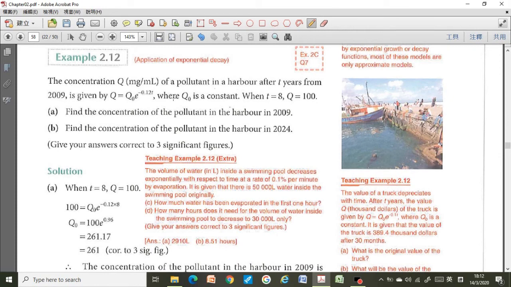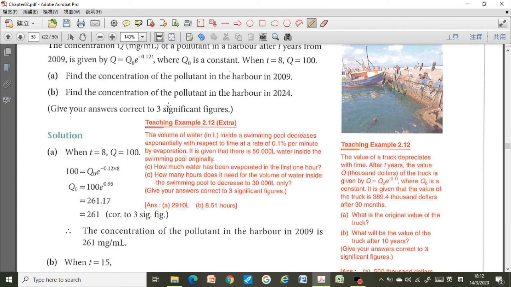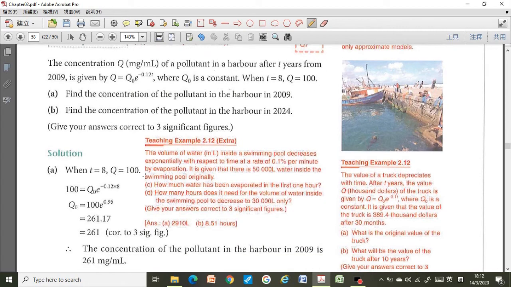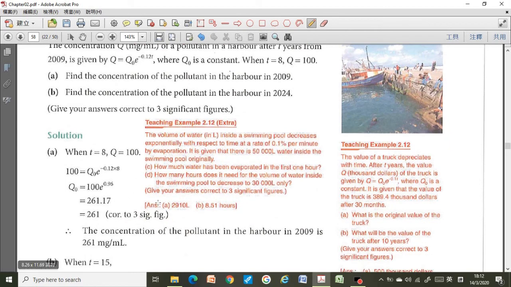When you are finding the pollution, you want to calculate Q naught first. Because you do not know the initial pollution, you must use this data by putting t equal to 8 and Q equal to 100, and solving this, you press your calculator, you get 261.